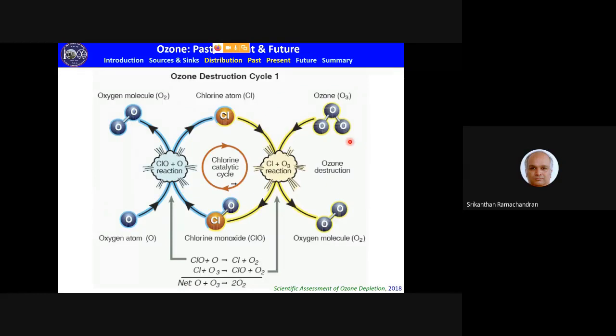So one of the destruction cycles, a catalytic destruction, in which the ozone present in the Earth's atmosphere gets depleted or decreased, involves this cycle. The oxygen atom combines with chlorine oxide, and this will break the ozone present in the atmosphere. In the whole reaction of ozone depletion, chlorine, or bromine, fluorine and iodine, survive because it is a catalytic cycle of destruction.